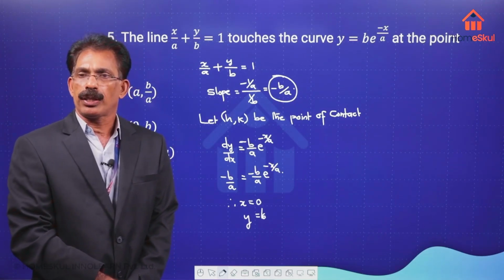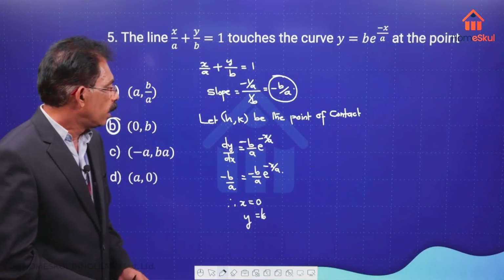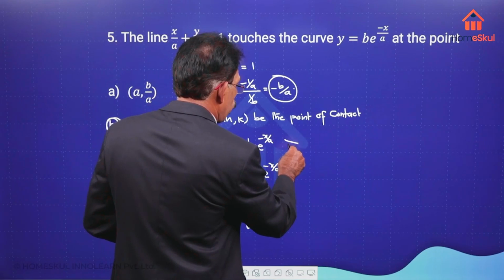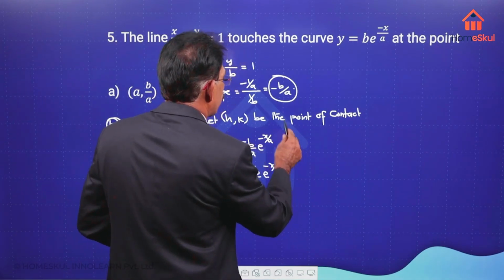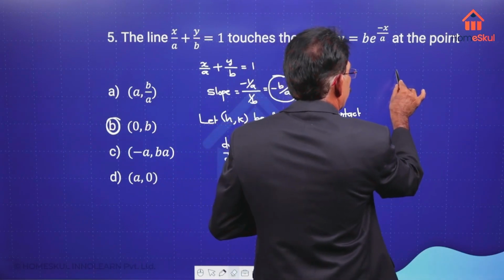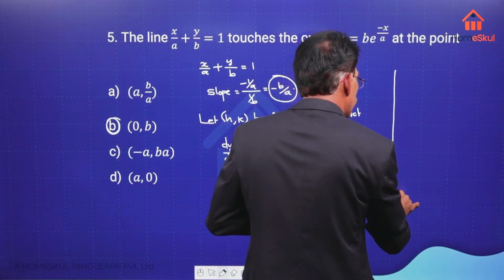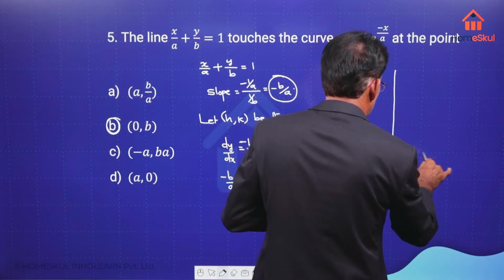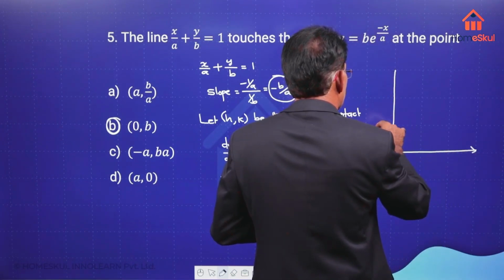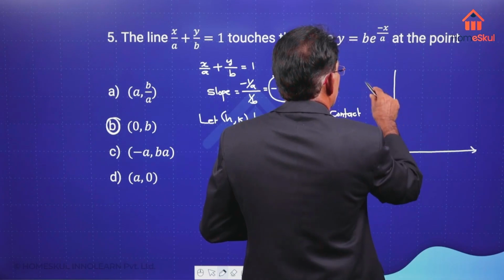Sir, how do you find the slope? As for the slope, actually the slope of the line, this is the slope, you know. Slope is equal to what? The slope of this line. Look, actually this picture is this one. The first curve is y square is equal to this one.